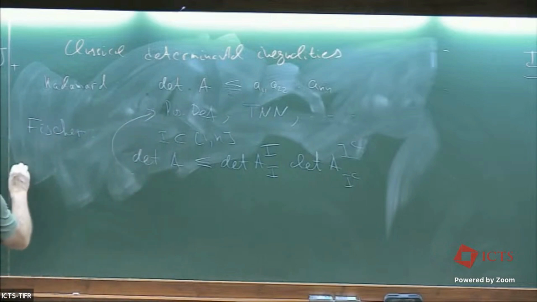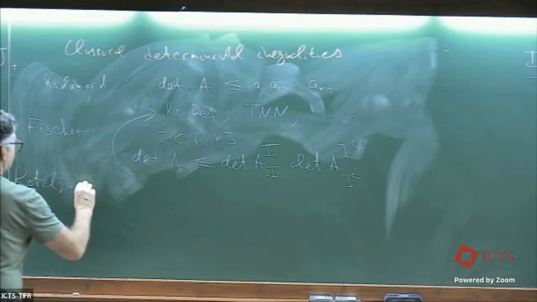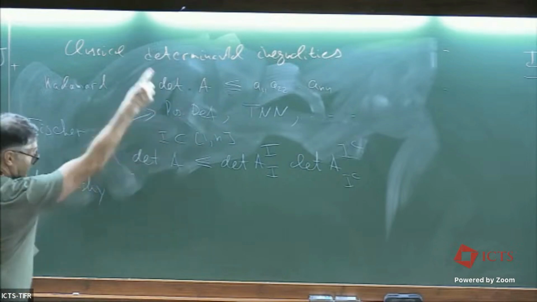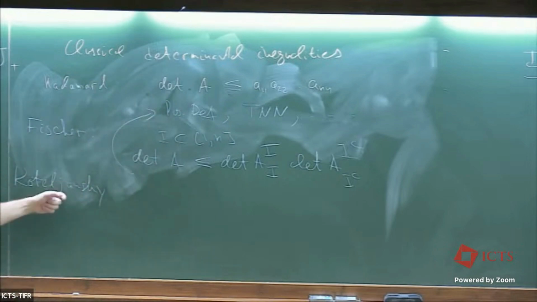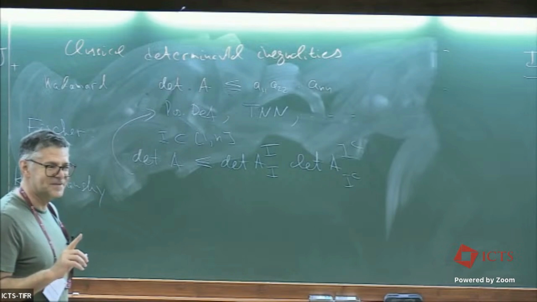And then there is another one called Koteljanskii, from which the former two will follow. This was published in the Ukrainian Mathematical Journal, so it's a long time ago. But I think after I was born, but barely.